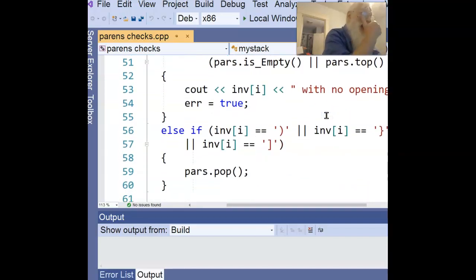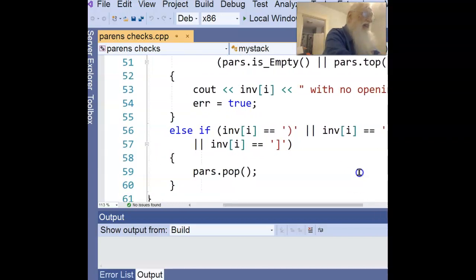Else if it is one of these three, in other words, I now have the correct setup. I have one of those three, and I didn't have an error in finding the corresponding one. So now I have to pop the stack, as I said in the algorithm.